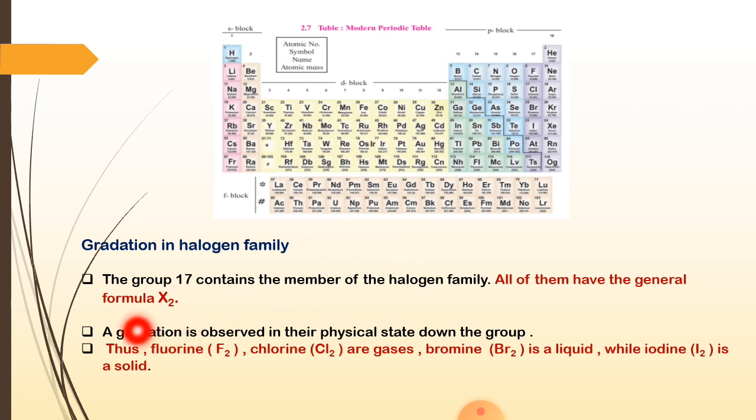Fluorine, F2, and chlorine are gases. Bromine is a liquid, while iodine, I2, is a solid. So this is the variation which we can observe in the group 17 elements.